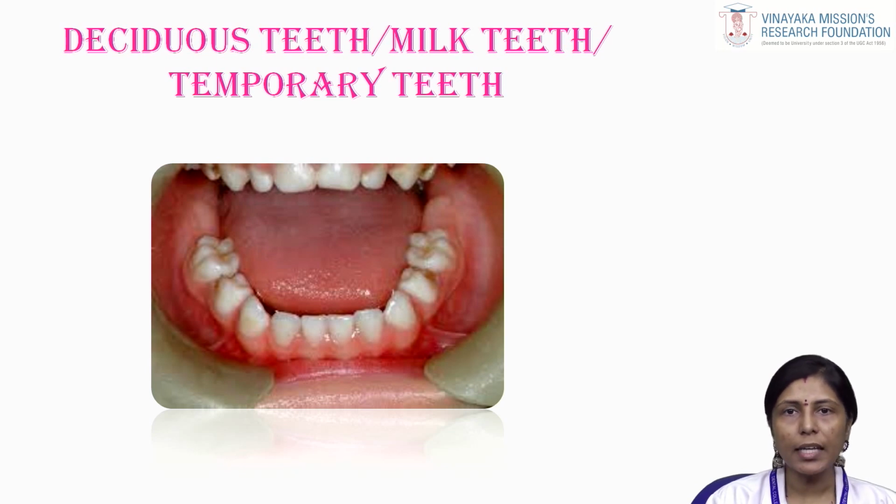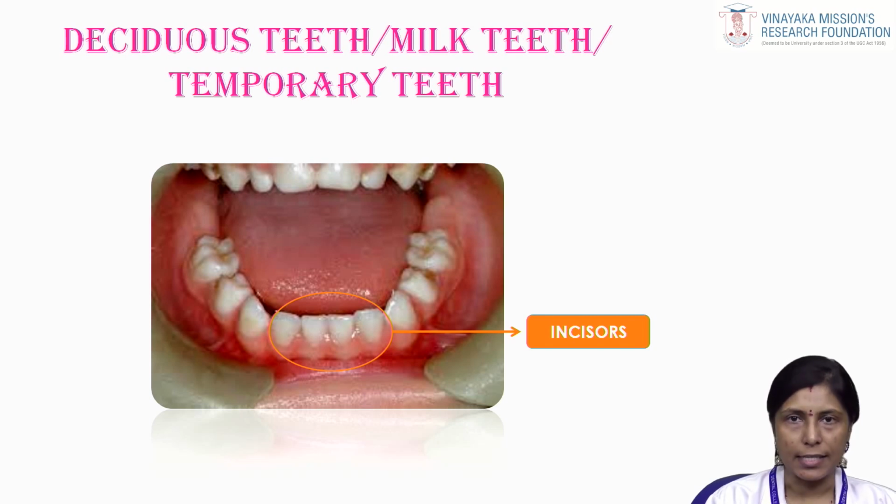So, maxillary teeth, mandibular teeth. Within the upper jaw you have 10 teeth, right side 5, left side 5. Likewise, in the mandibular jaw again you have 5 on each side. What are they? In each jaw you have 4 incisors, 2 on each side.